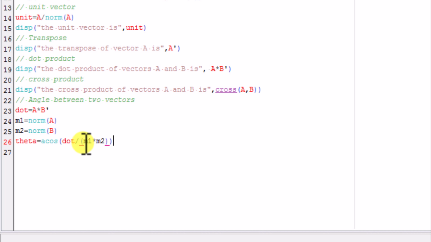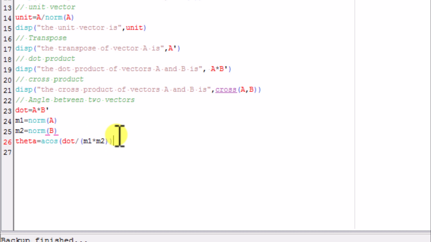Why are we taking it? Because if I write dot divide by M1 star M2, then first it will divide the dot by M1 and then take the multiplication. But what we want is that the dot should be divided by both M1 and M2. So if we take this bracket here, first it will multiply M1 and M2 and then the dot will be divided by this.